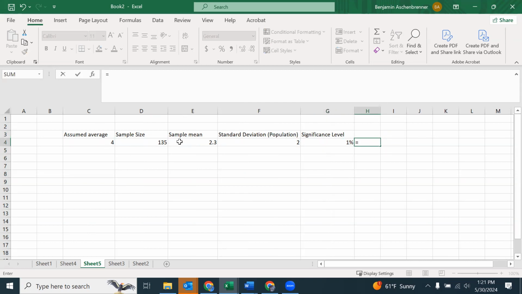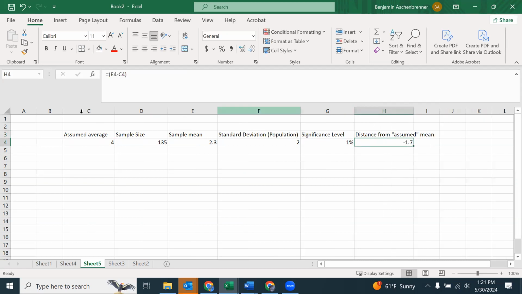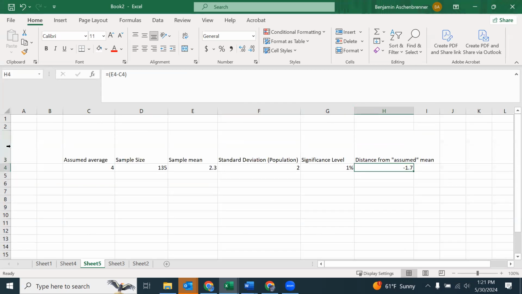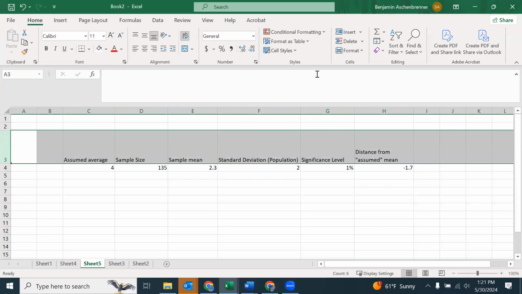We took the sample mean, oops, I better use parentheses, sample mean minus the assumed average. I'm going to break it into parts actually. So this is the distance from the mean, from the assumed mean.